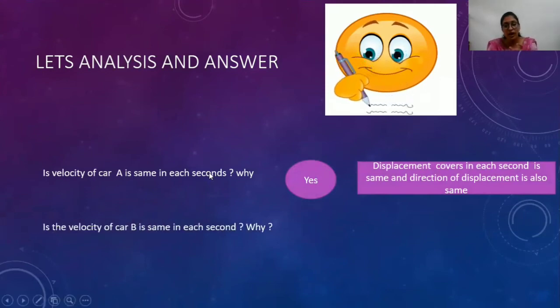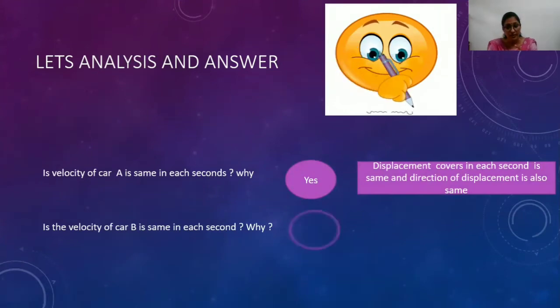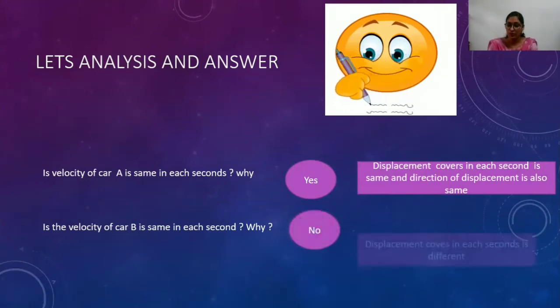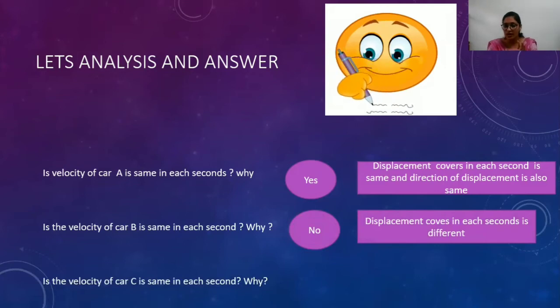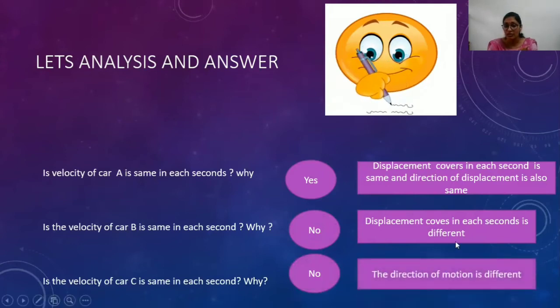Is the velocity of car B the same in each second? Why? No, because the displacement covered in each second is different. Is the velocity of car C the same in each second? Why? Because the direction of motion is different.